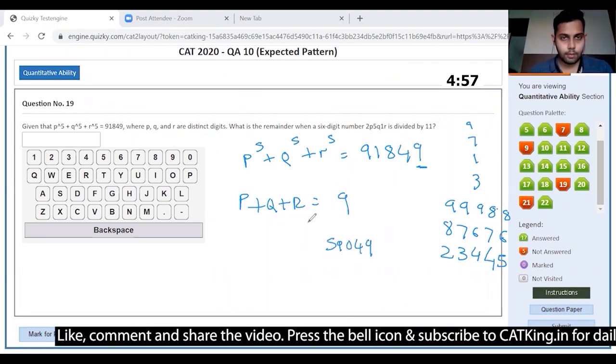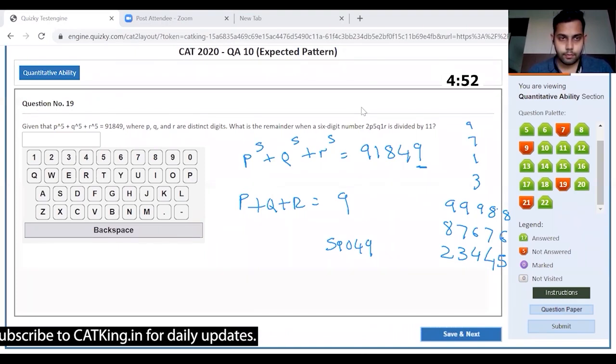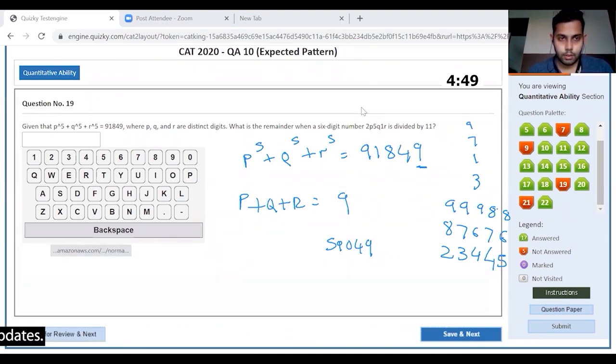This I'm only doing because we have the time, so we can just check it once. 8 into 8 into 8 into 8, 8, plus what we got, 59049, is 91817. We need 91849. Right. The rest can come from 2 to the power 5, which is 32 plus 32. We absolutely got it right. So 987 is what we need.